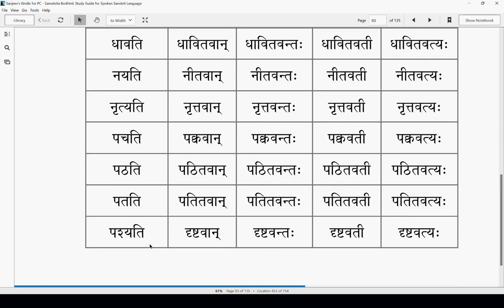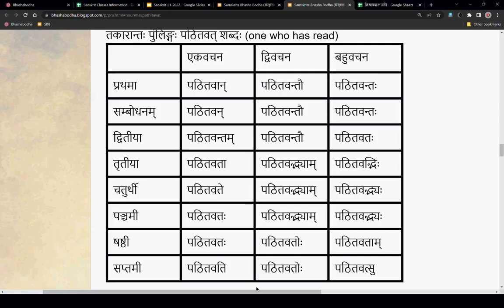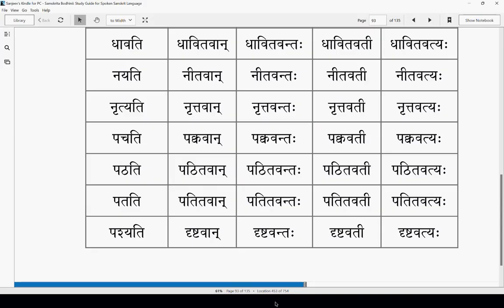Any question here? Is there any rule for how they are formed? Because they seem like we need to remember them. Which one, these forms? If you go to this other page, Nayati becomes Nitavan.